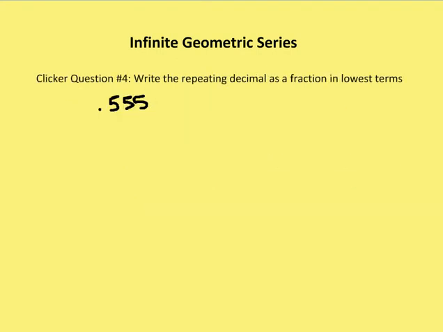So let's take one more example. I have 0.555, and that's the same as 0.5 times 0.1 to the n minus 1. So the first value of n gives 0.1 to the 0, which is 1, and 0.5 times 1 is 0.5, plus, when n is 2, I have 0.1 to the 1, which is 0.1, times 0.5 is 0.05, and then 0.005.